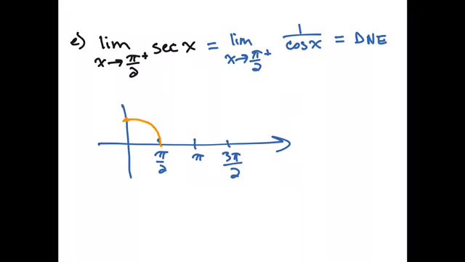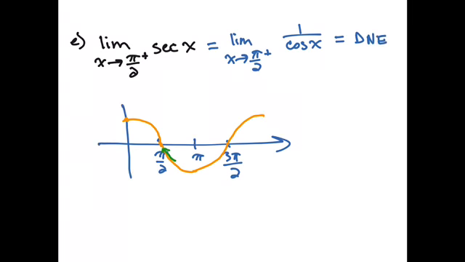At pi over 2, it goes to 0. At pi, it goes low. 3 pi over 2, back to 0. Goes high again. So we see we're coming from the right. So I'm coming here towards 0. But that's not the important part.